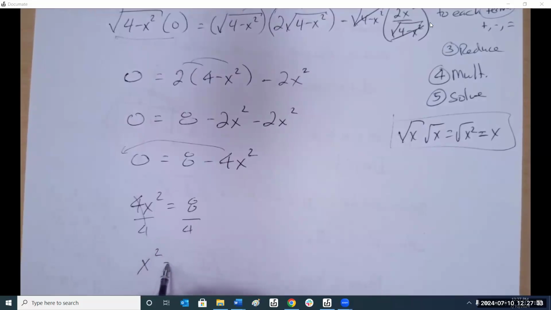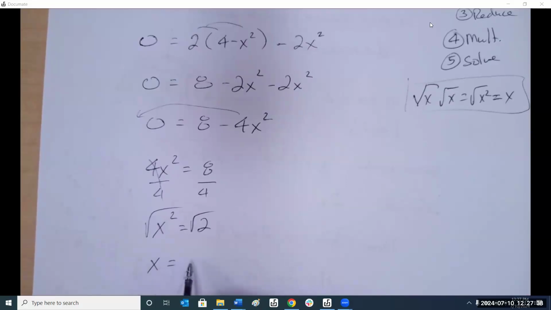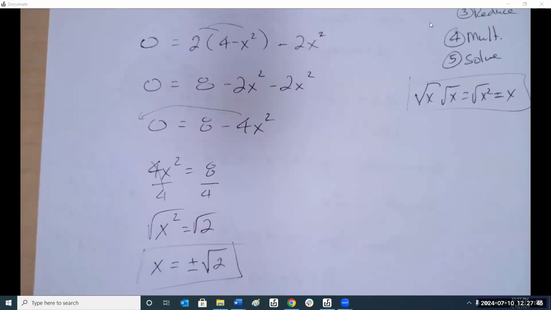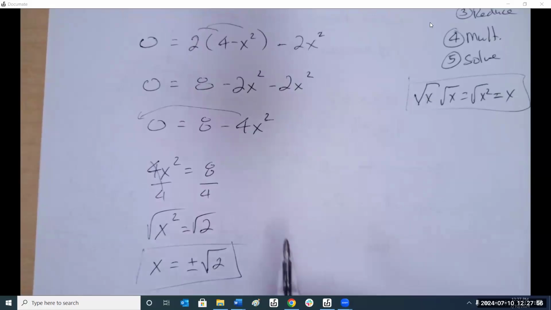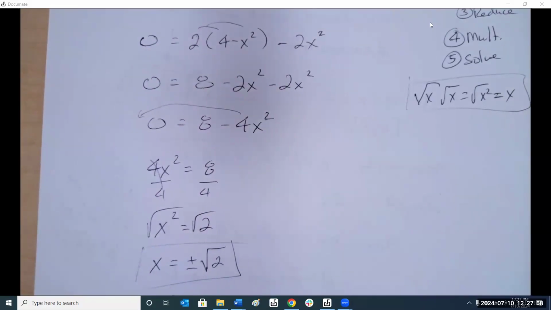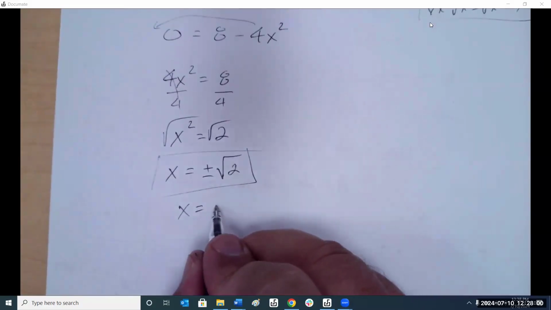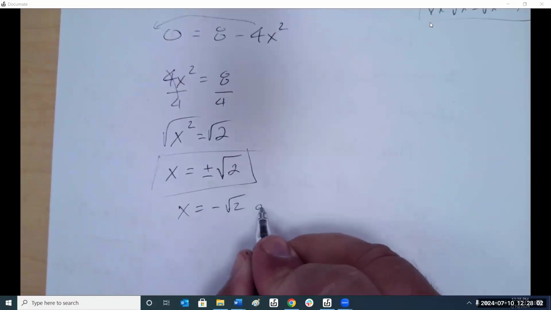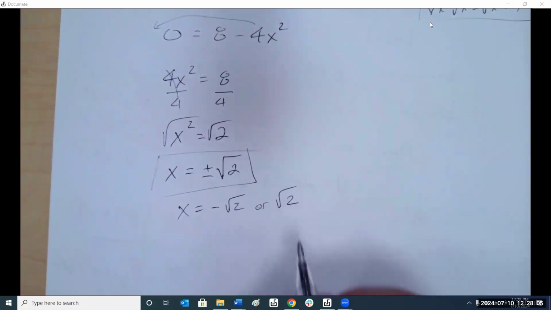So x squared equals 2. x equals plus or minus square root of 2. So our possible answers for x are negative radical 2 and or positive radical 2.